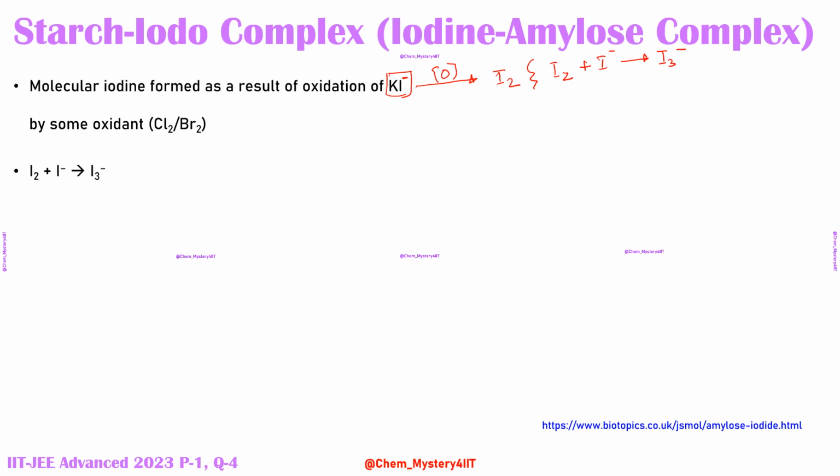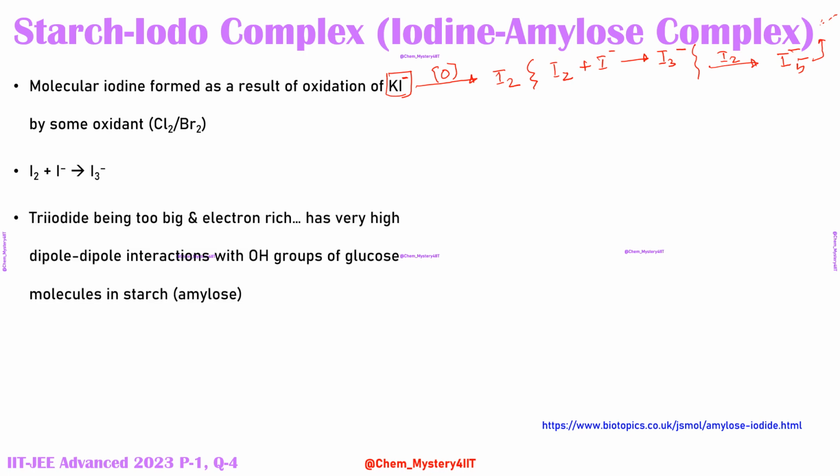That is what we have tried representing over here. And the reaction does not just stop at I3 minus ion. There are evidences that I3 minus ion can combine further with I2, and there can be formation of I5 minus or things like that. The situation is that we have many such polyiodo complexes known. So this kind of complexes can be generated.